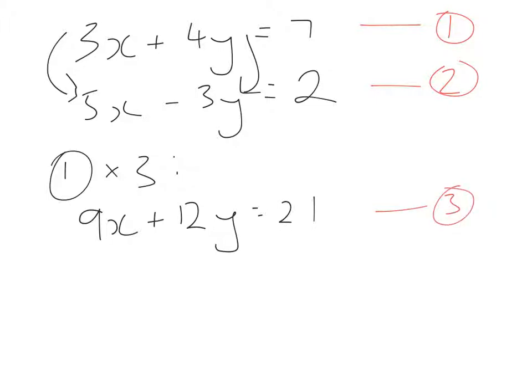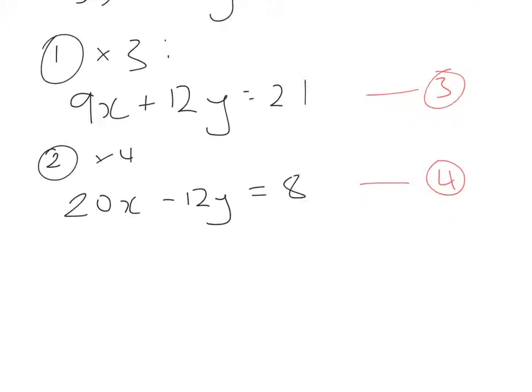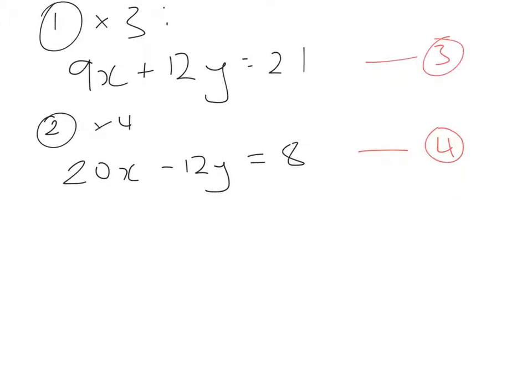And I need to do equation 2 times 4, which will give me 20x minus 12y equals 8. So now I can see there's a match. I can see the y's are matching.